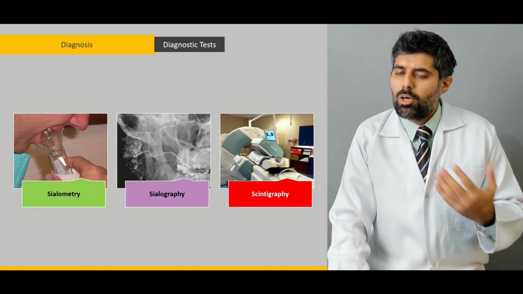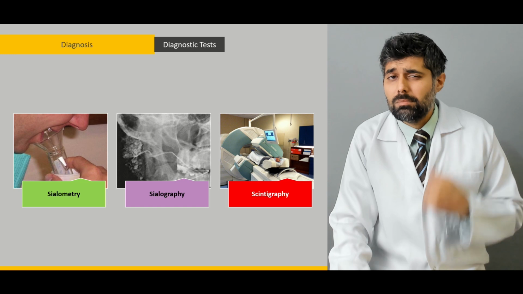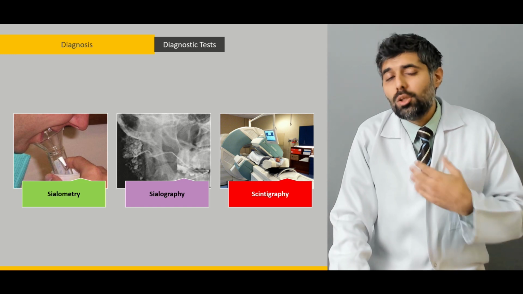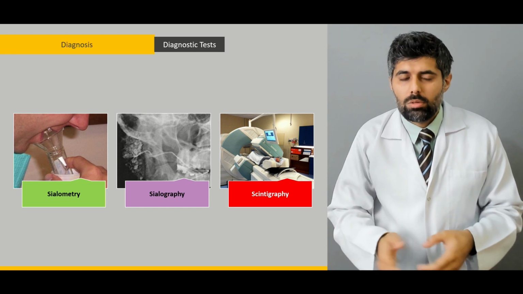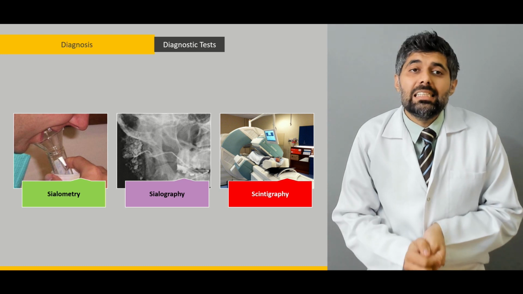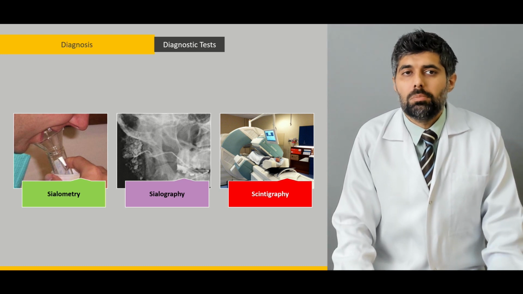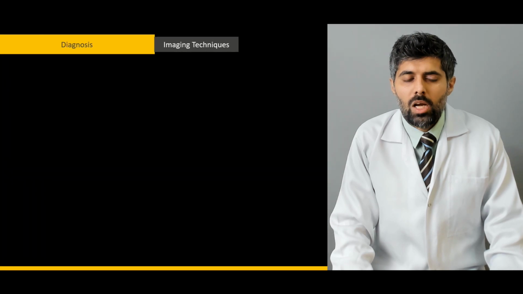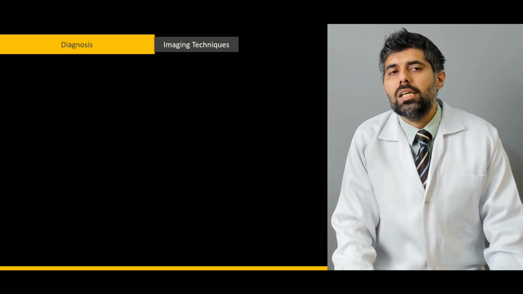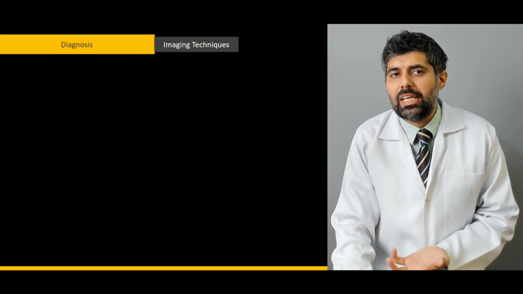It is not a routine procedure, and it is slowly being replaced by more convenient, quick, easy, and less dangerous methods. Now, one of those methods is among the imaging techniques.